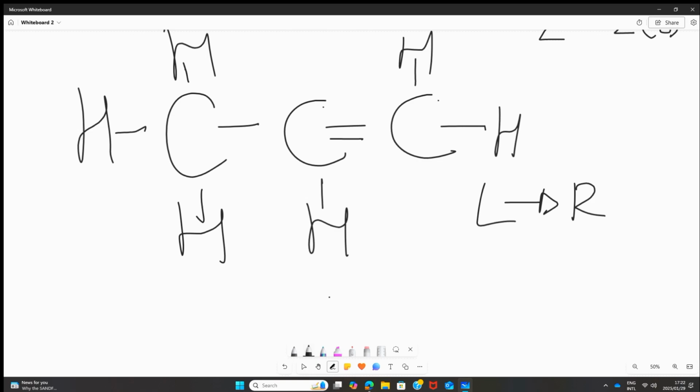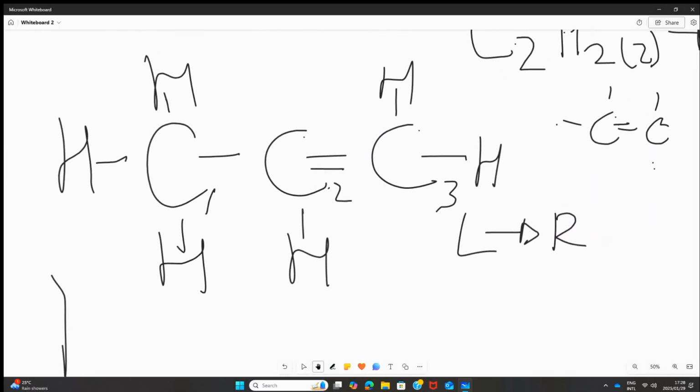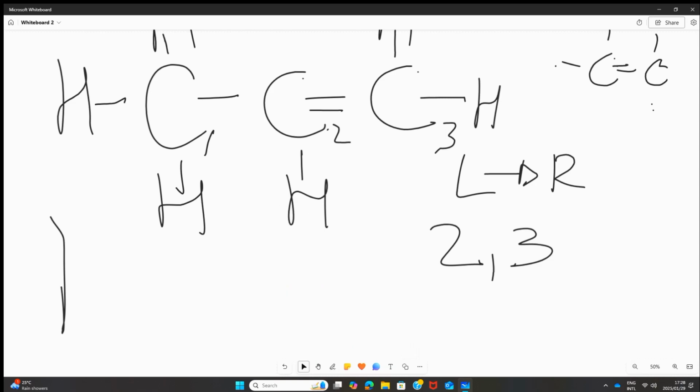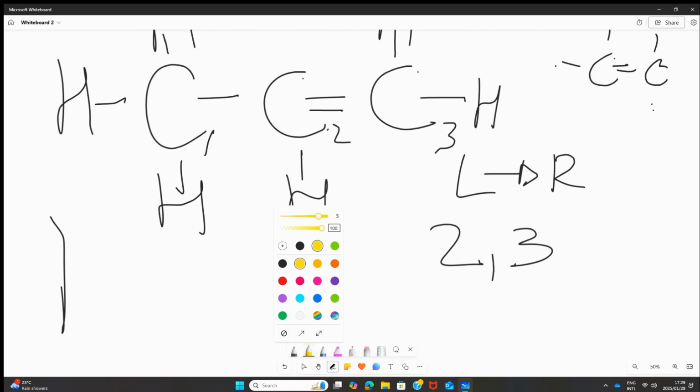One of the rules is that the functional group must have the lowest number possible. Now, if you are counting from left to right, you would have your double bond between carbon number 2 and carbon number 3. But if you are counting from right to left, this would be carbon 1, 2, 3.